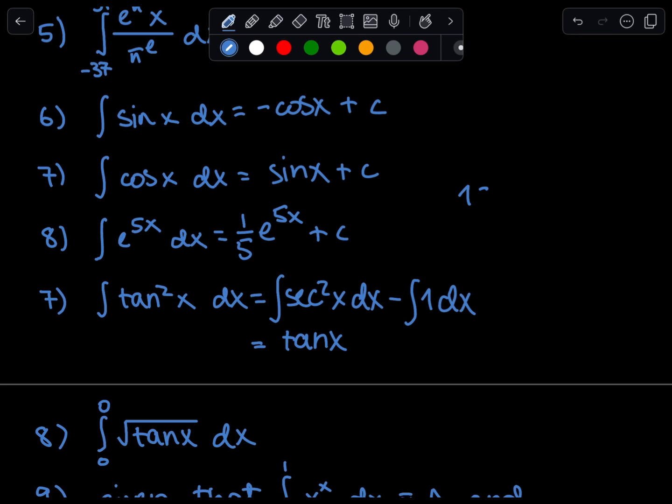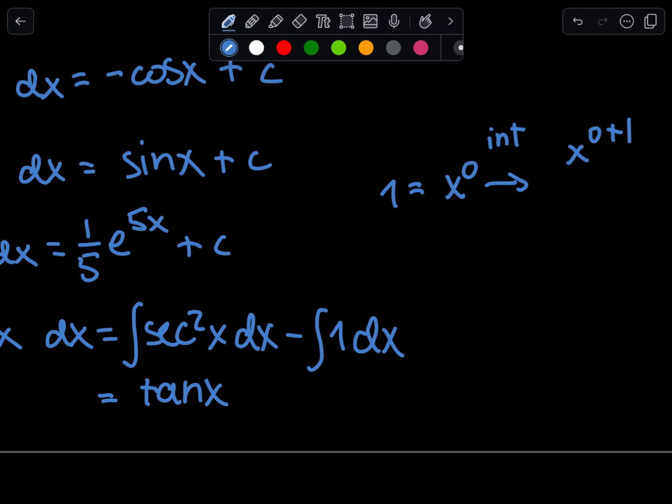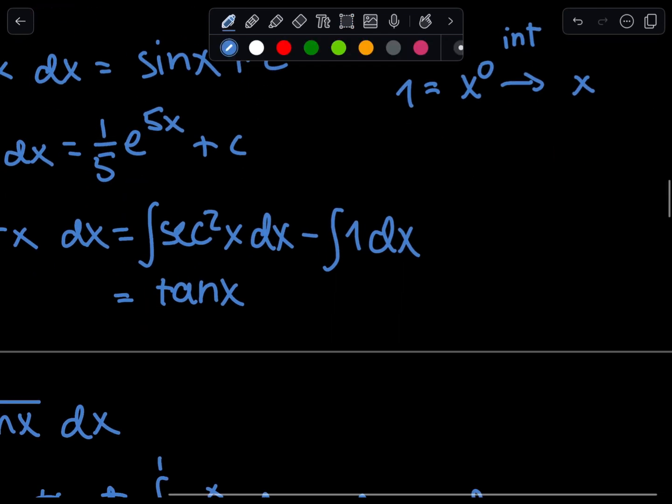Now 1 is just x to the power of 0. So let's apply the reverse power rule. When we integrate, we're going to get x to the power of 0 plus 1, which is just x, divided by 0 plus 1, which is just 1. So the integral of 1 dx is just x.